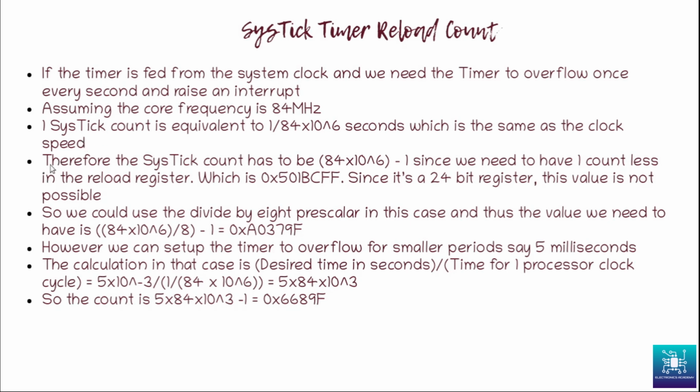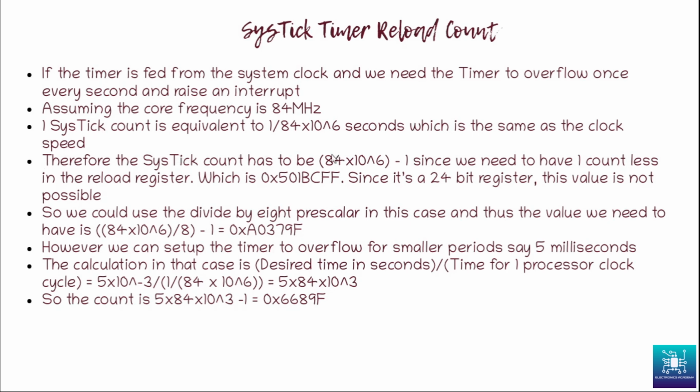Now for us to have 1 second as the timer interval, we know that whatever count we find out here, it has to be 1 less. So one Systick count is equivalent to 1 over these many seconds, which is the same as the clock speed as we discussed.